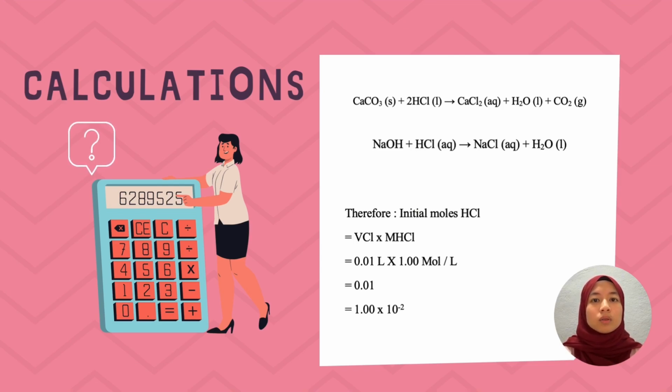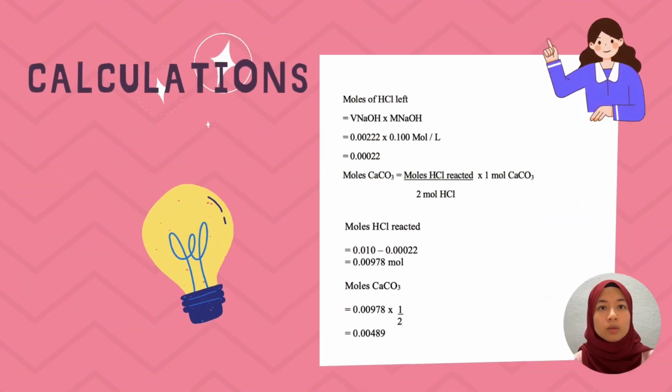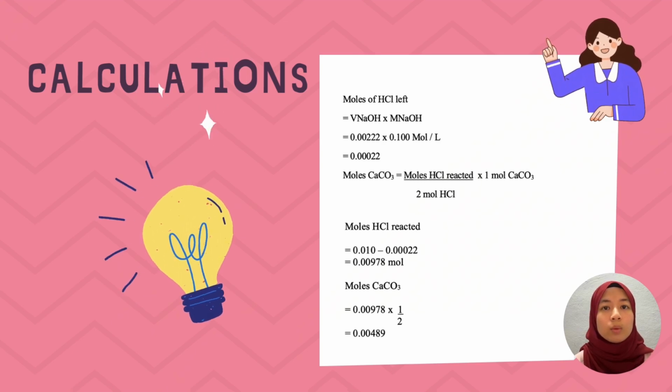Therefore, the initial moles of HCl is equal to volume of HCl times molarity of HCl, which is 0.01 liter times 1.00 mole per liter, and we will get 0.01 mole. Now to get the moles of HCl left, which is equal to volume of NaOH times molarity of NaOH, which is 0.00222 liter times 0.100 mole per liter, we will get 0.00022.